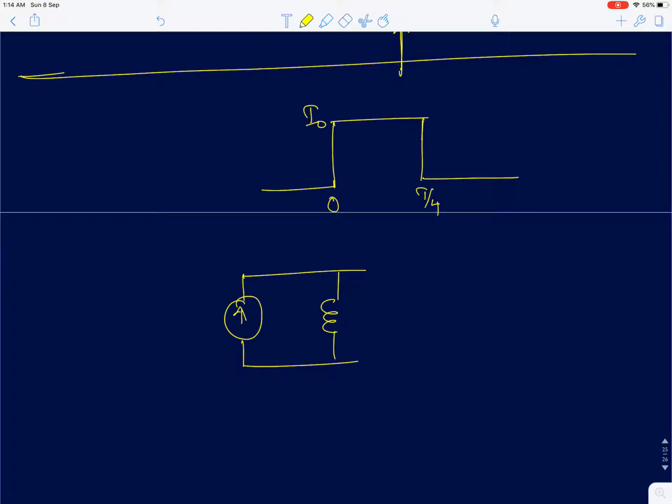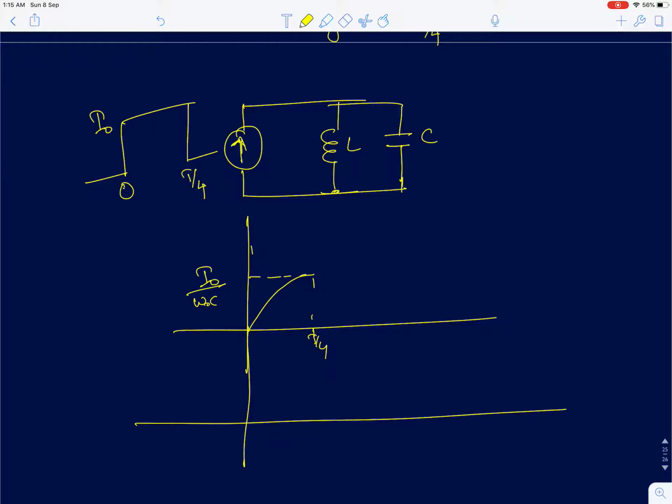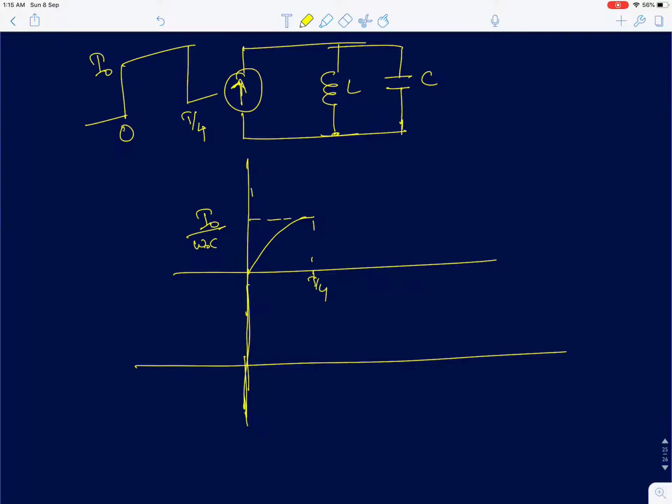When you apply a current pulse of width T by 4 to a parallel LC circuit, what happens is that the voltage across the capacitor will slowly build to a peak value of I naught upon omega naught C. The current through the inductor will grow to a value of I naught.